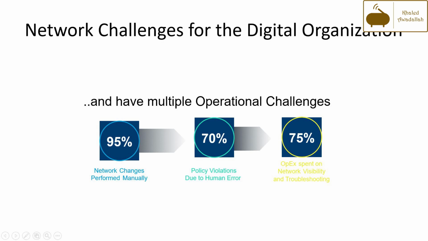So if you can eliminate this factor of human errors, you can save 70% of your security breaches. Also, 75% of your OPEX is spent on configuration and troubleshooting. So if you can get the powerful automation features from an SDN controller like DNA Center, you can save most of this OPEX.